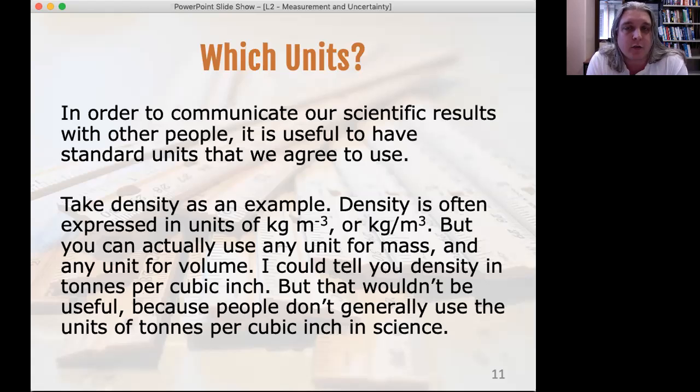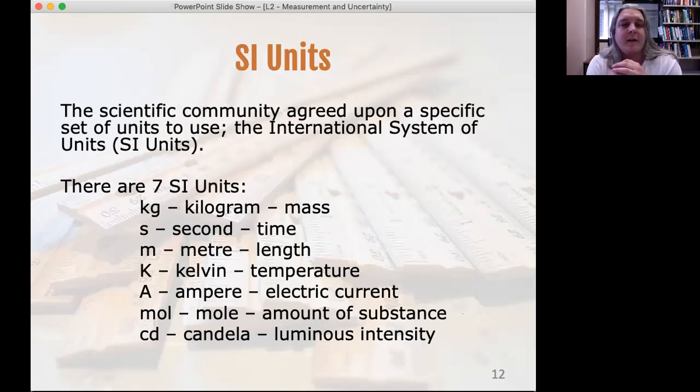It's not technically useless. You could go and convert it, but it introduces a whole lot of work to do that unit conversion. So it is always preferable to present our values in the units that the scientific community agrees we will use, and that is what the SI units are.